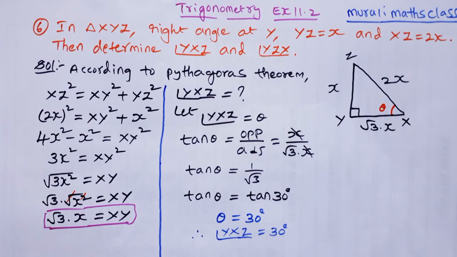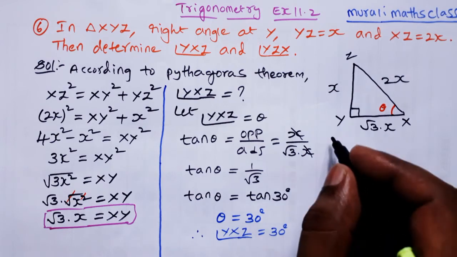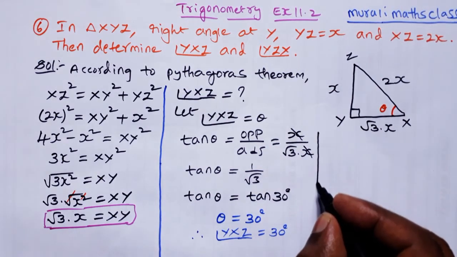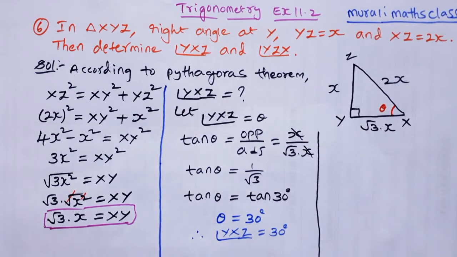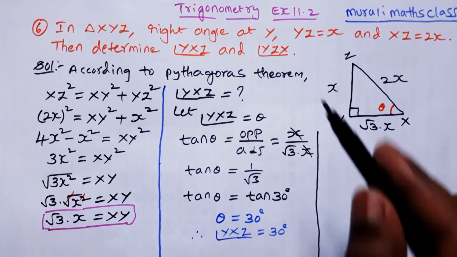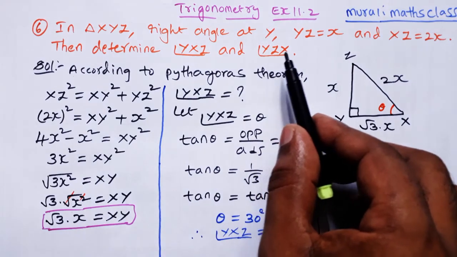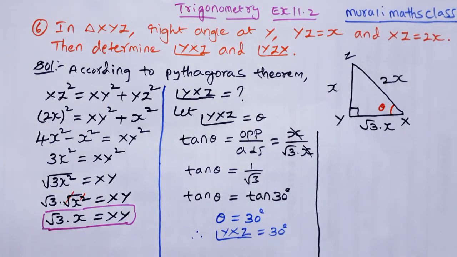Next we need to find out the second angle. What is the second angle? The second angle is this one, Y, Z, X. So yes. Now observe here.